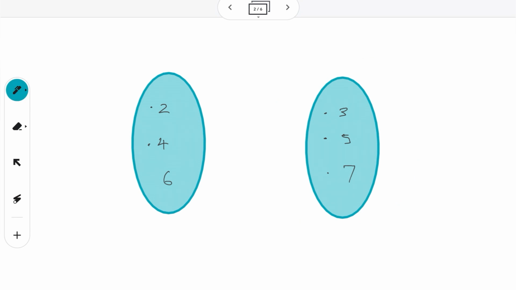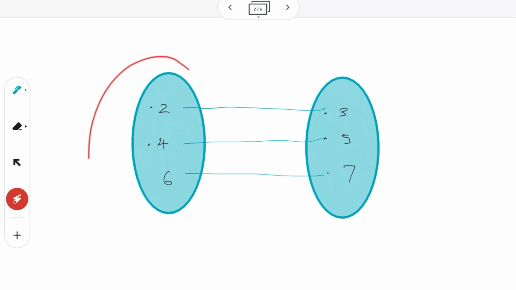Here, I'm not sure if you can guess, but if I draw the lines, if I connect the data like this, it's quite obvious what the relationship is, right? Each data point in this first set is one less than the data points in the second group of data. So we can express the relationship as f(x) = x + 1.